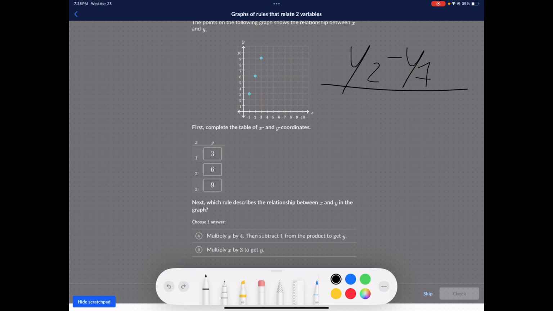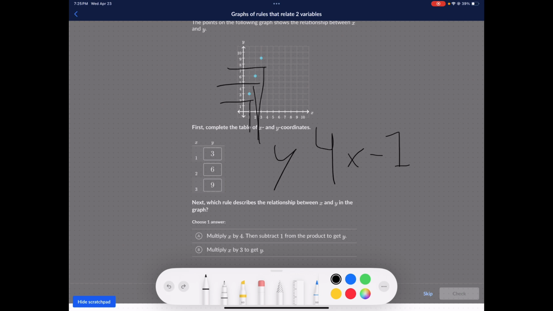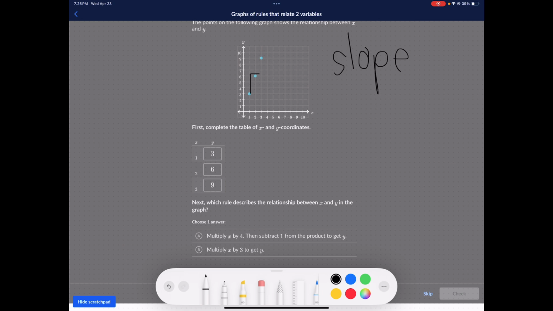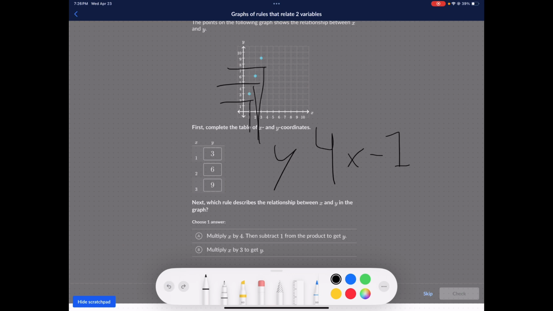So if we have a y-intercept, we have rise over run. So we rise, and then we run. So slope, it's equal to that. So let me just recap. That's our equation.